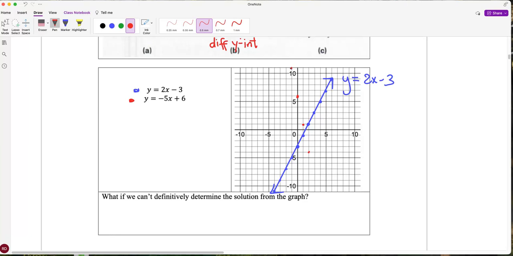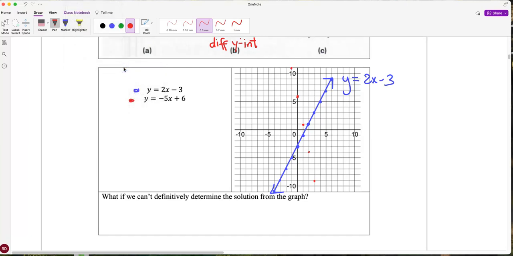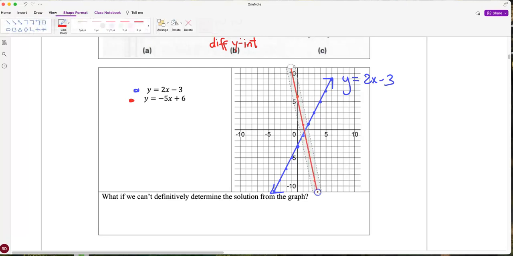1, 2, 3, 4, 5 over 1. So clearly by doing the dots, I could not see dots hitting on the line. It didn't land on the grid point. If I draw this line like so, I can see the lines intersecting.